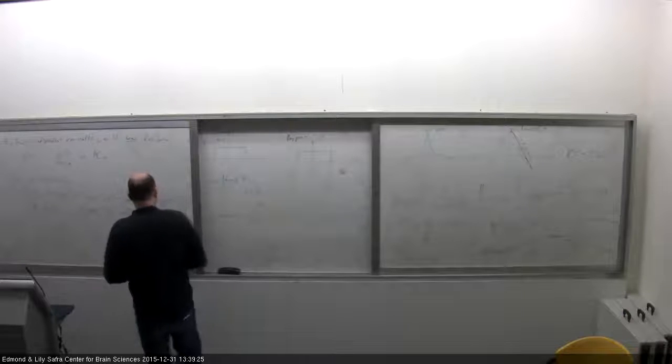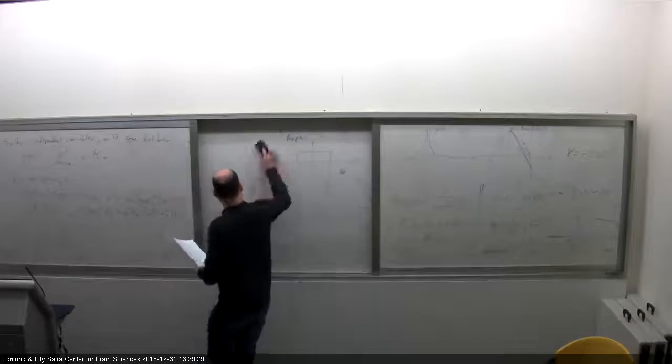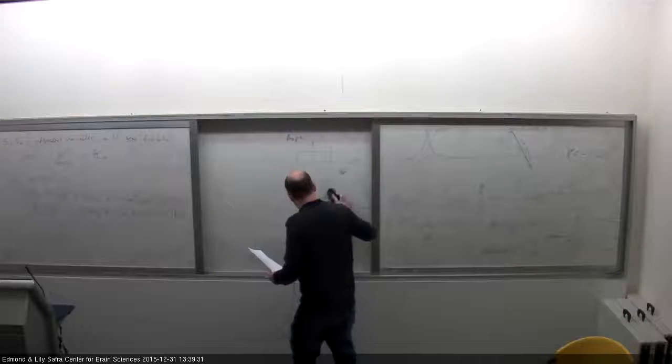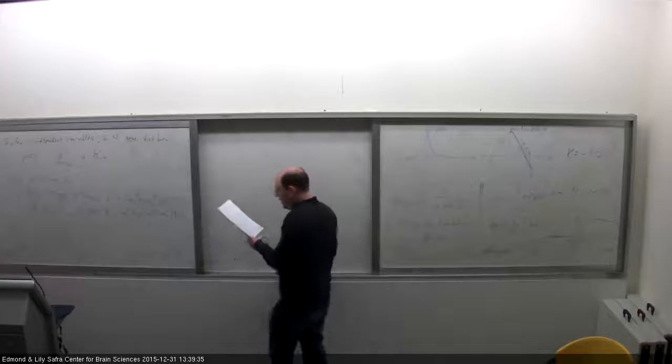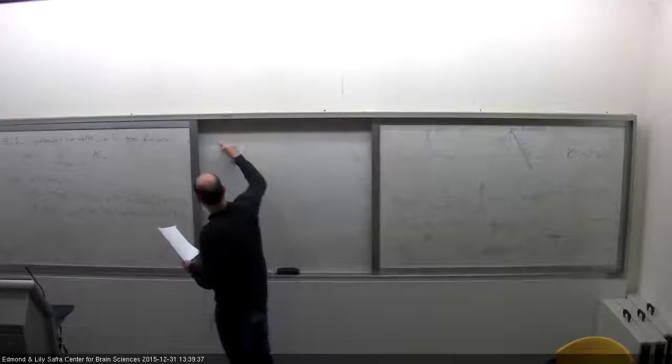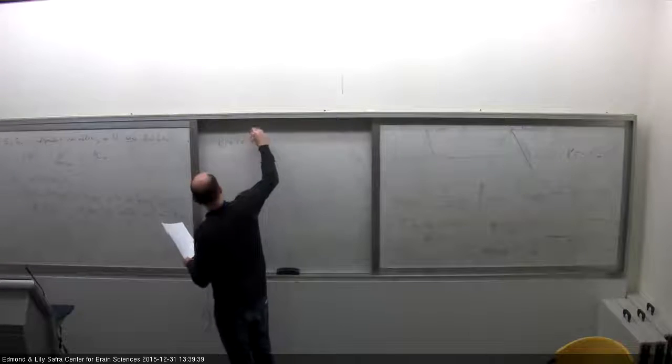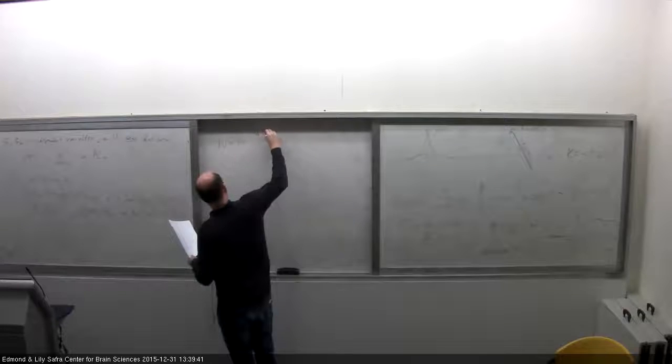And now the kurtosis. Remember that the kurtosis was defined as kappa 4 divided by sigma to the power 4.